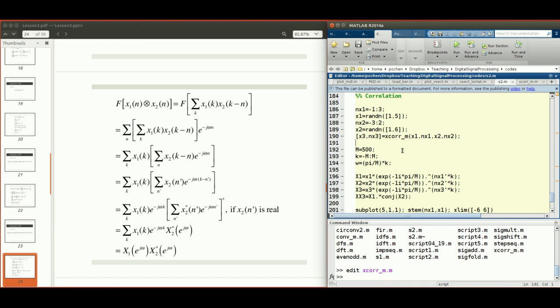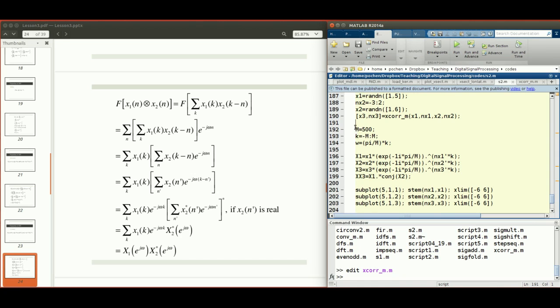Then we do our Fourier transform. That's the frequency axis. Big X1 is the Fourier transform of x1, big X2 is the Fourier transform of x2, and big X3 is the Fourier transform of x3, where x3 is the correlation of x1 and x2 in the time domain.